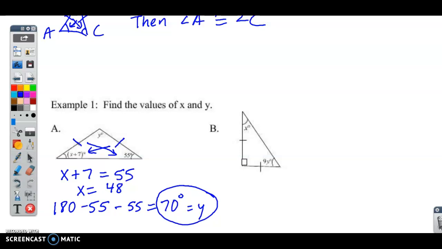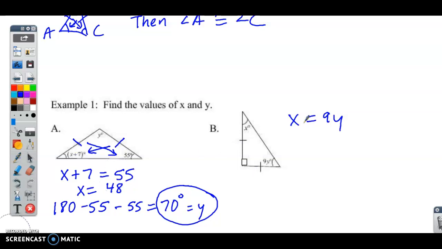All right. Now, I can set x equal to 9y, but we're missing some information here because we have two variables. The other piece of information that we know, though, is that the third angle is 90 degrees.